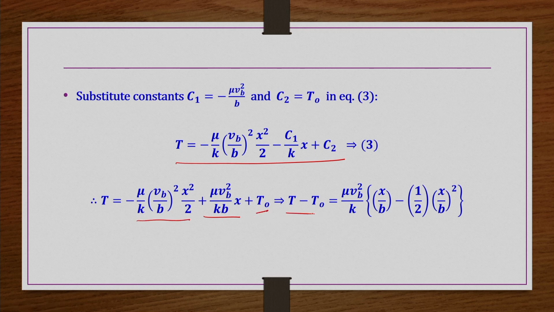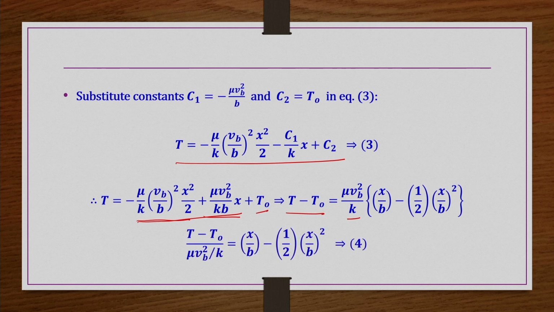So, this T naught you take to the left hand side and then on the right hand side you take common mu Vb square by k, then you have x by b minus 1 by 2 x by b whole square. So, that is T minus T naught by mu b square by k is equal to x by b minus 1 by 2 x by b whole square.